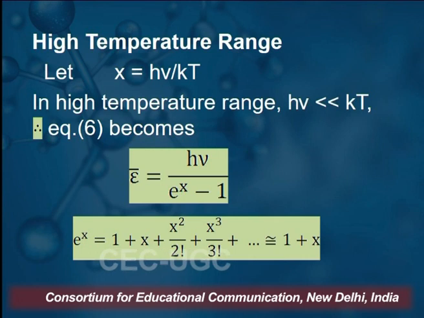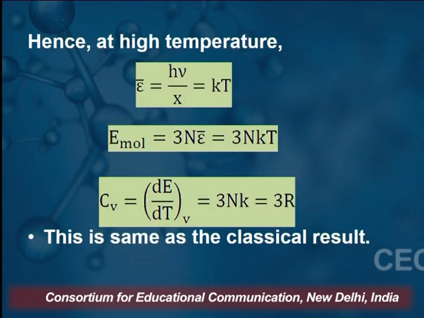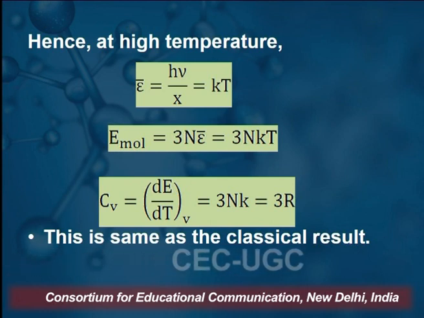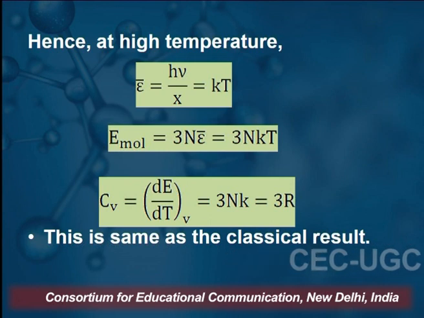Now I can expand e to the power of x as 1 plus x plus x square by 2 factorial plus x cube by 3 factorial and so on, which I can write as 1 plus x, neglecting the higher order terms. So at high temperature, I can write epsilon bar as h nu by x, which is equal to kT.